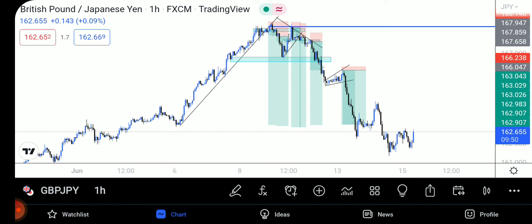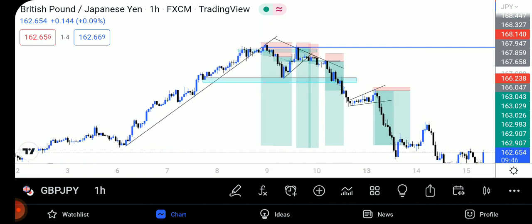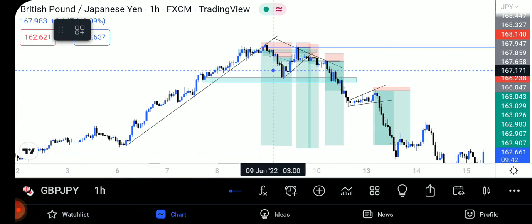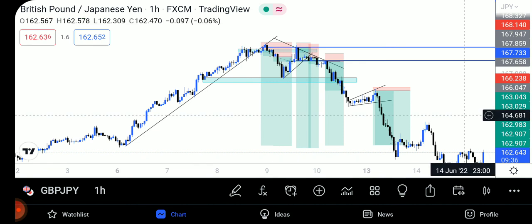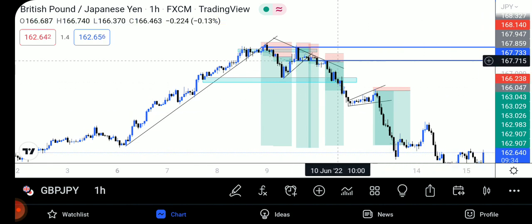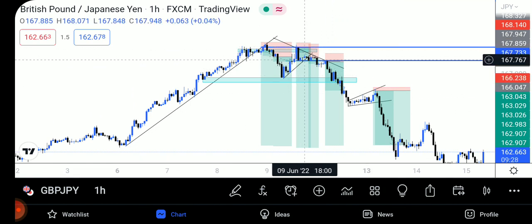Even if I come back to these entries, this is also the last bullish candle before the downside, which means there's another order block here to confirm our fifth trade. This fifth trade had a lot of momentum, that's why it just shot down. It wasn't consolidating like other trades here.